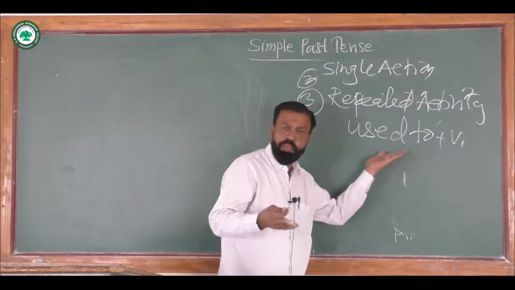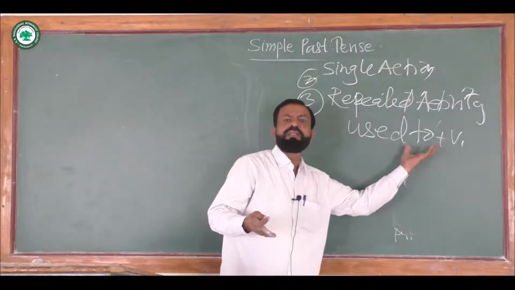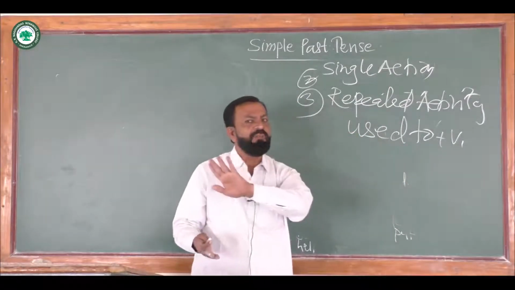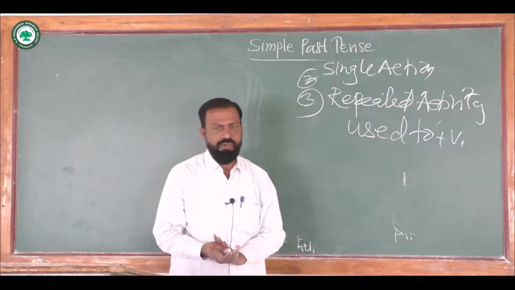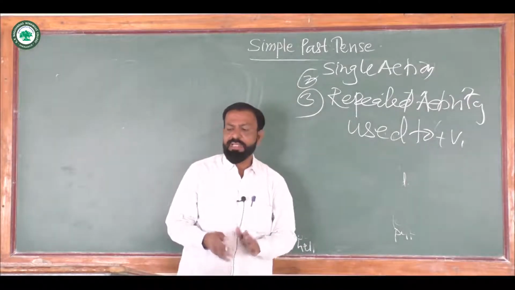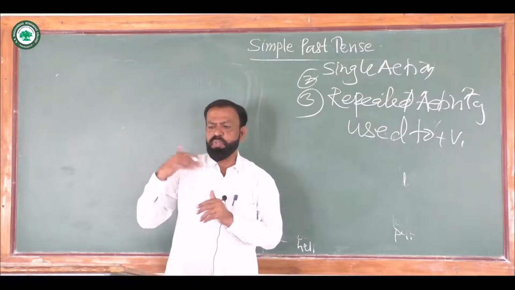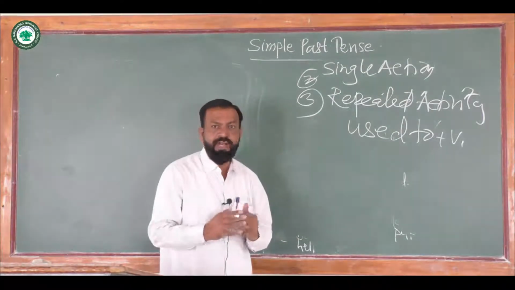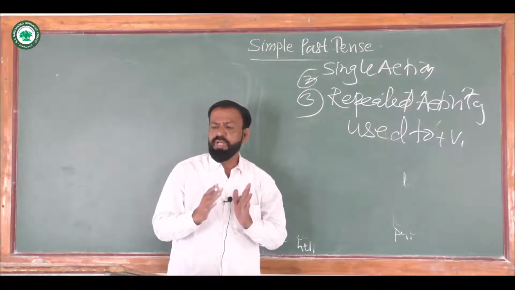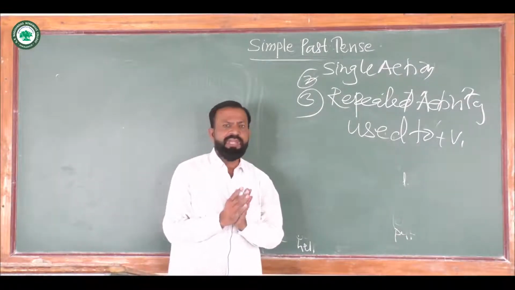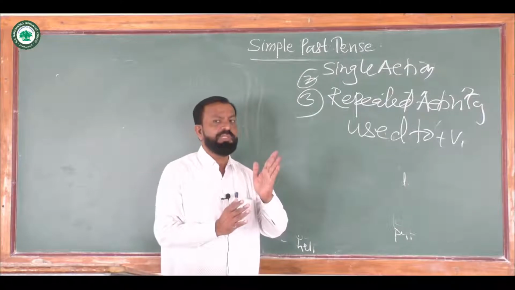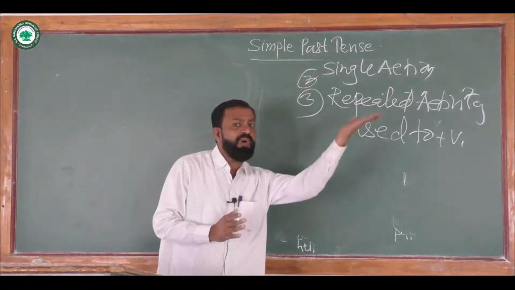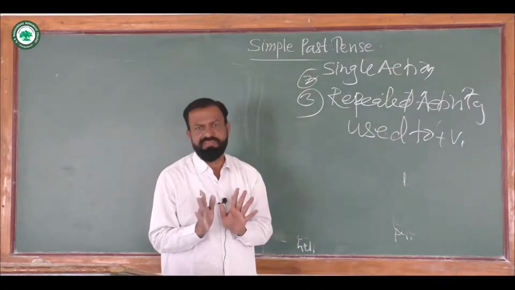When we use "used to", we have to use the verb in the first form and not in the second form. When I say, Sagar used to walk 20 kilometers when he was a student, now he is not a student.